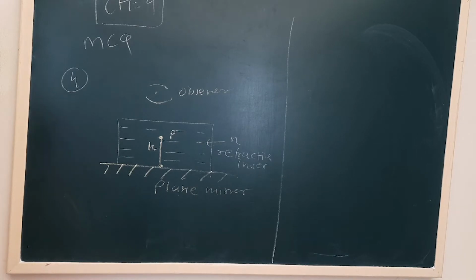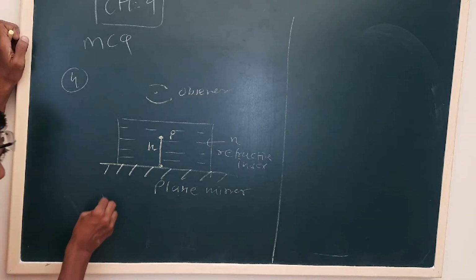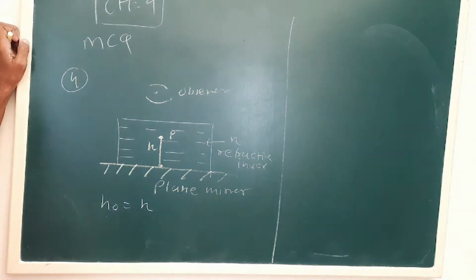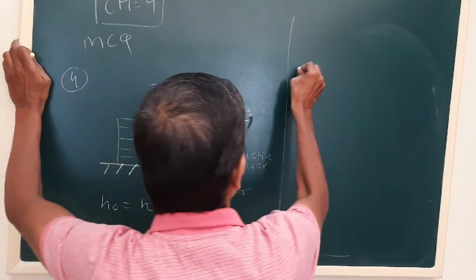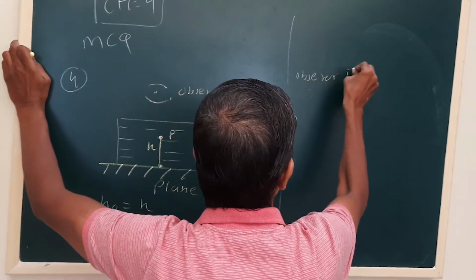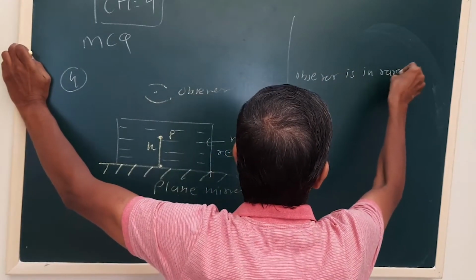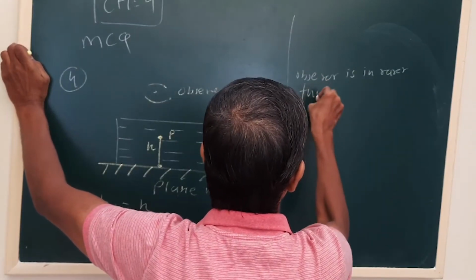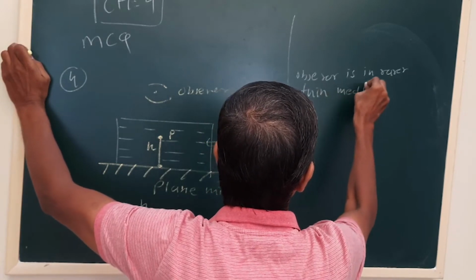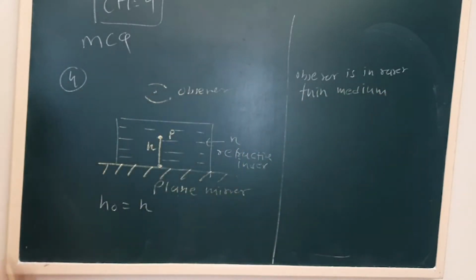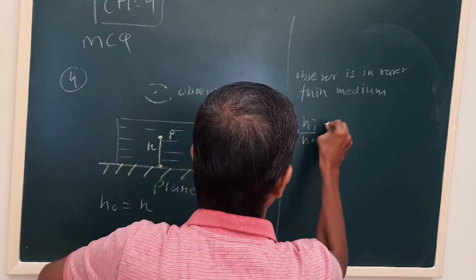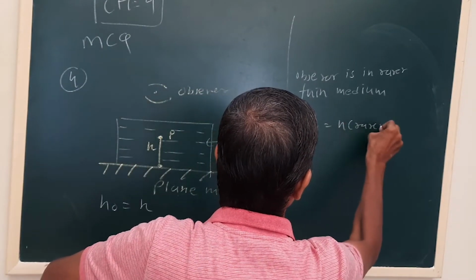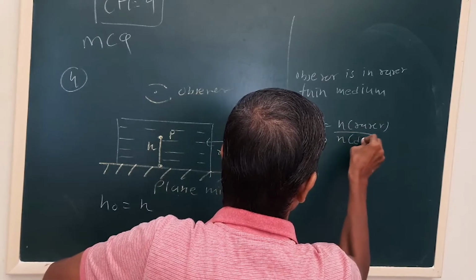Here the observer is in a rarer, or thinner, medium. So we have to use the formula HI upon HO is N rarer upon N dense.